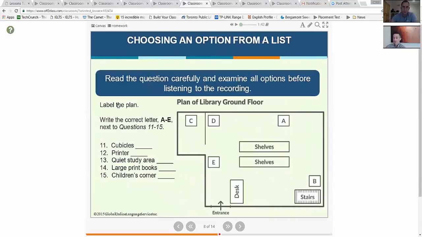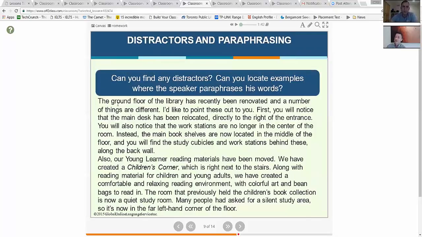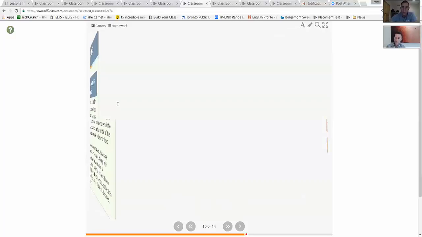Eventually I start doing quite difficult tasks once we get to this point, because they've done sentence completion, forms, tables, notes, summaries, and short answers by the time I get to plans, maps and diagrams. So I start introducing a lot of distractors and paraphrasing with these final three.